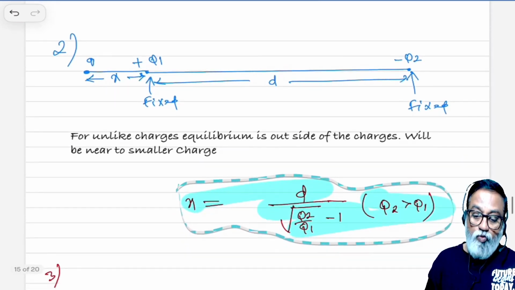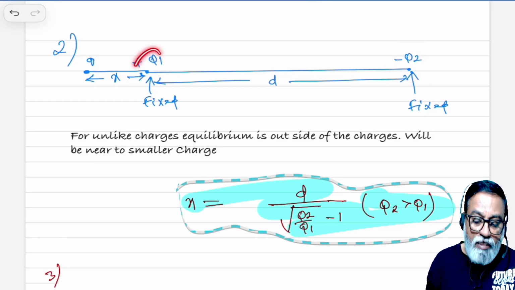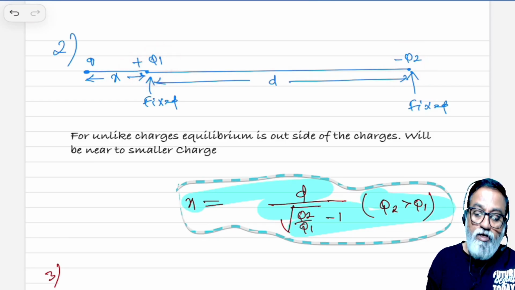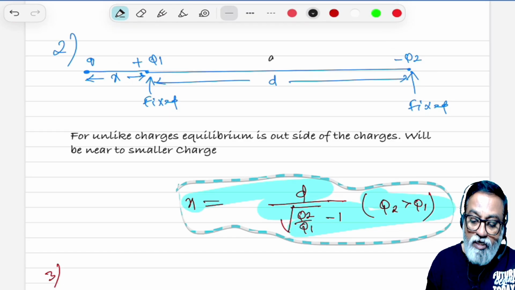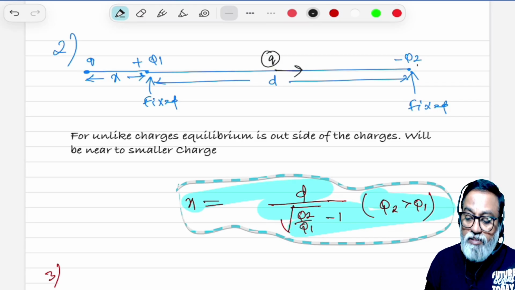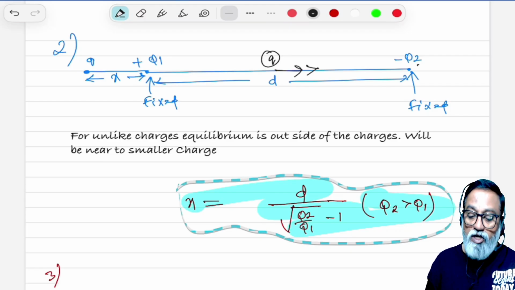Next, case 2. Here one is a negative charge, another one is a positive charge. If you place a third charge in between, this positive charge repels in this direction, this negative charge attracts in the same direction, therefore net force is not 0.